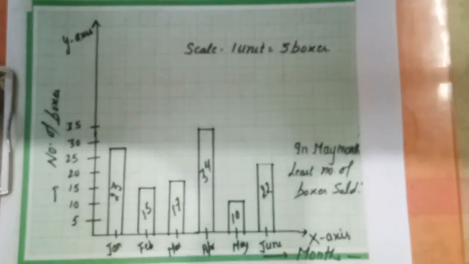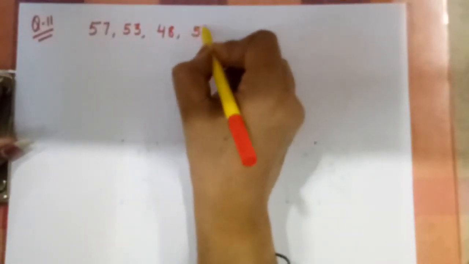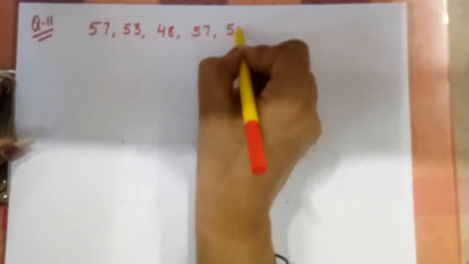Okay now. So now we'll start question number 11. Gautam is a part of the school's cricket team and this year he has scored an average of 54 runs. He has played 6 innings so far and his scores in 5 of them are 57, 53, 48, 57 and 52.